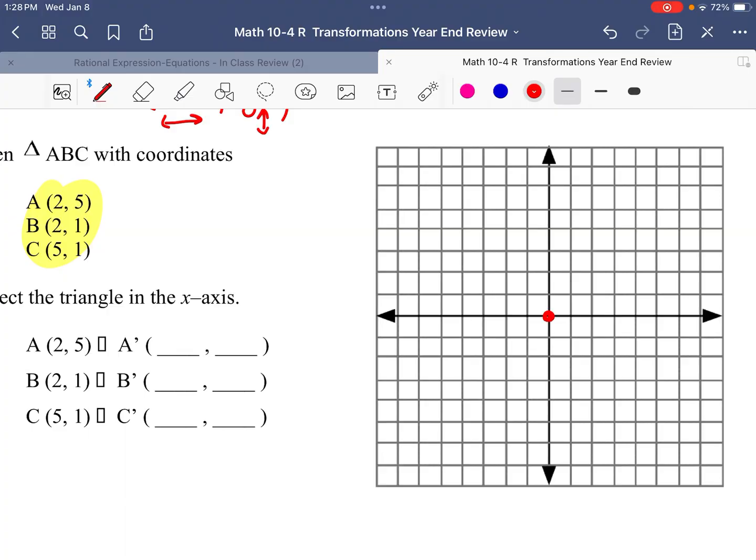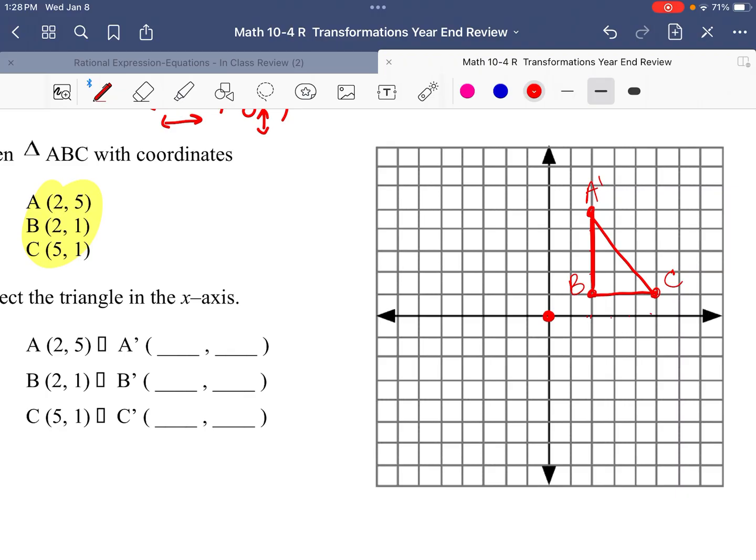So we go 2 to the right and 5 upwards. 1, 2, 3, 4, 5. So this is where A is. Now B is at 2, 1. So 2 to the right, 1 up. And C is at 5 to the right, 1 up. All right, and let's connect those points, and we get ourselves a little triangle, ABC.